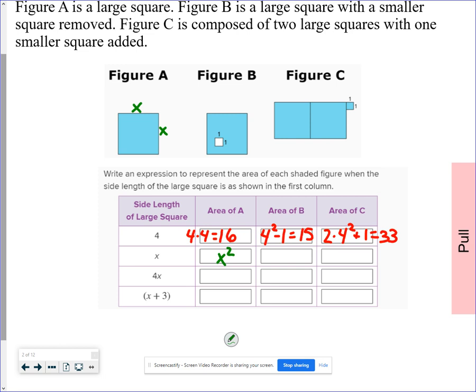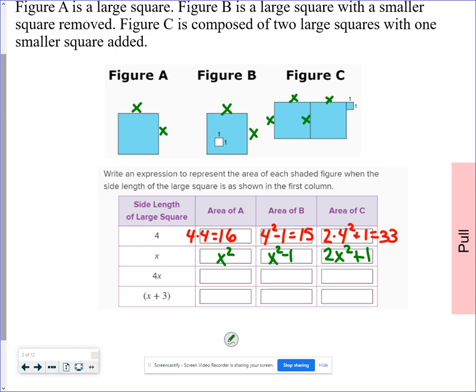In B, it's also x by x, but I'm going to take away that 1, so it would be x squared minus 1. Look at how similar it looks to the one right above it. In figure C, I would have an x by x, and then another x by x. So I've got 2 of those x squared areas, and I'm adding 1 more on.